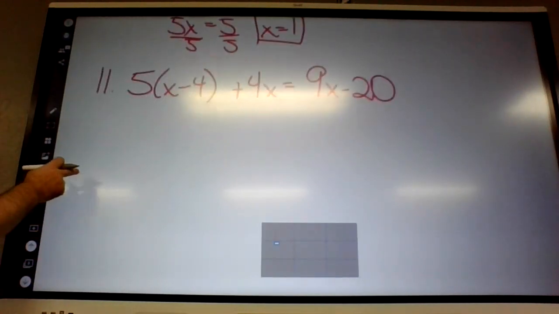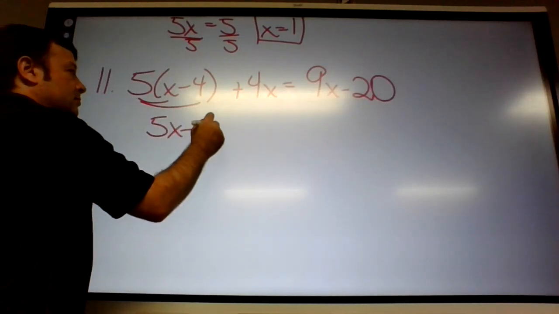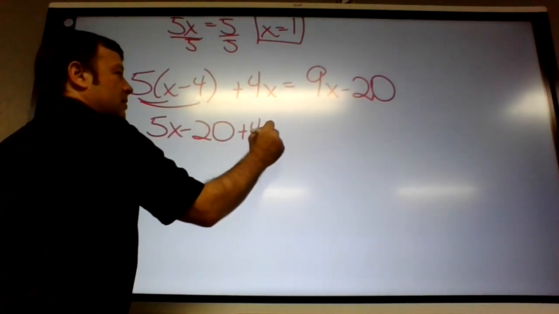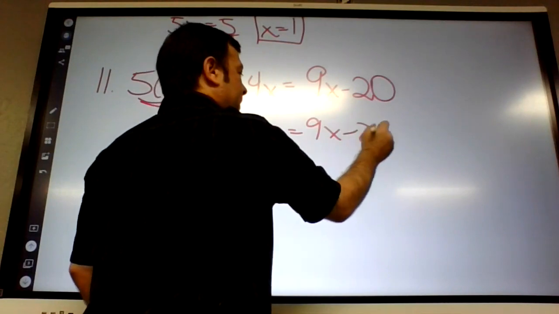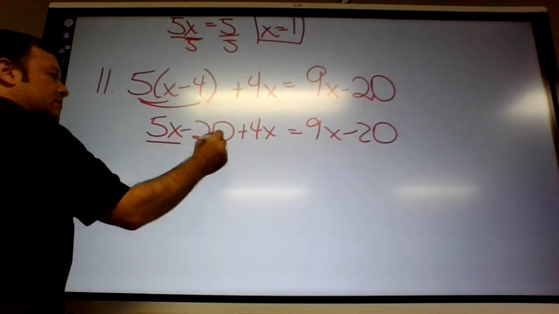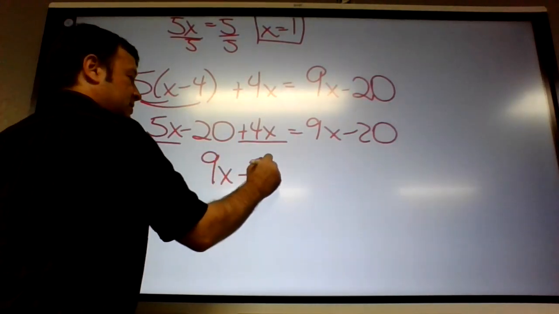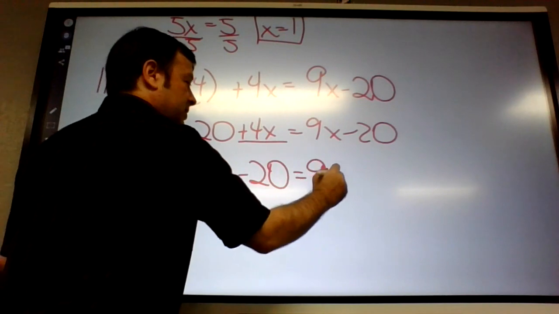You should use the distributive property to get 5x minus 20 plus 4x. Okay, now what? Now we simplify the equation by adding 5x to 4x. 5x plus 4x is 9x, so we got 9x minus 20.